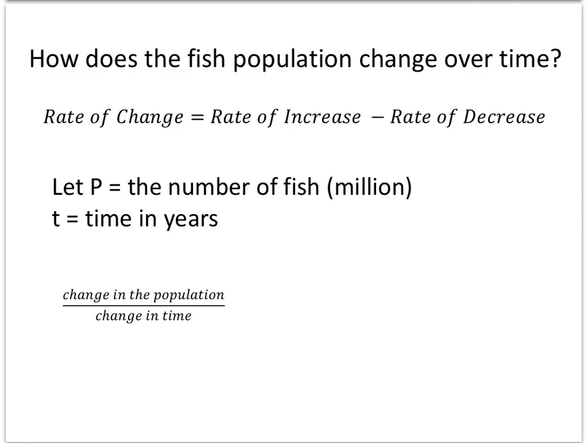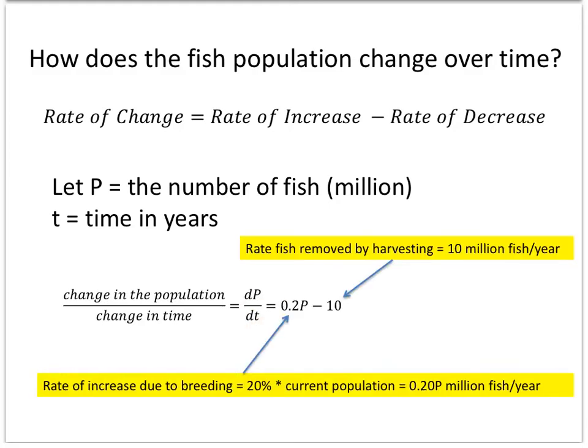So the change in the population over the change in time is actually our differential equation. Well, the information that's given to us is the rate of increase, the 20% times the current population, and then minus what's being removed by harvesting, the 10 million fish per year.